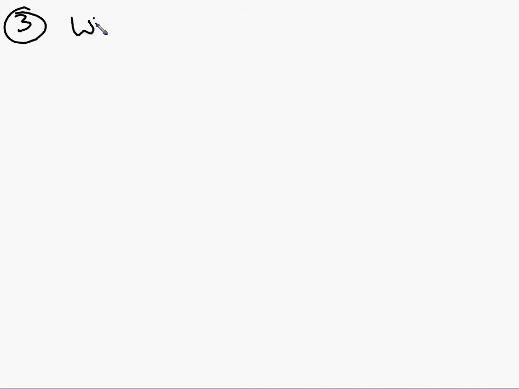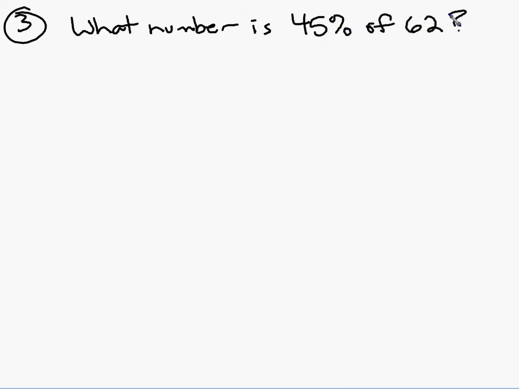What number is 45% of 62? What number is 45% of 62? We start the same. Part to whole equals n to 100.